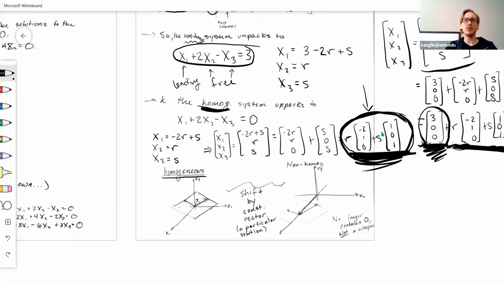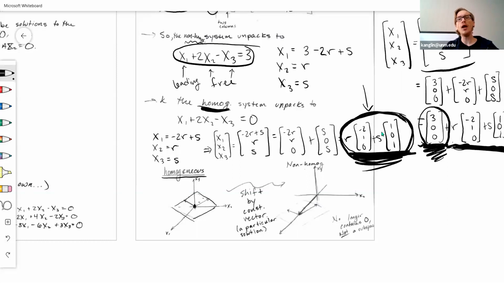Any combination of these two will be still trapped in this plane. You can't really rise out of it. So that's what I'm thinking of. I'm thinking of this plane as forming the set of all solutions to our homogeneous system. And notice the plane contains the origin, which it should. The homogeneous system always has the 0 vector, the origin, as a solution.